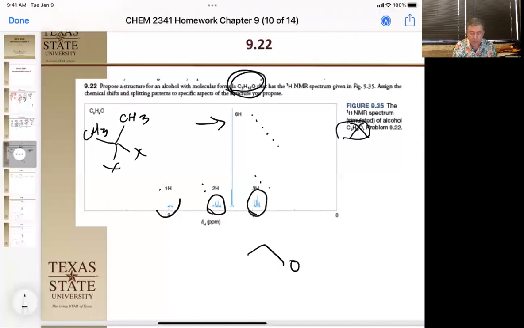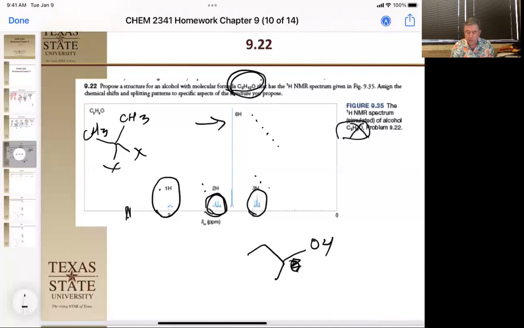We have an OH group because this is all by itself and it doesn't split and it's broad. Okay, so we have that. We have this fragment here. So it's next to an oxygen. Ooh, it's not actually on an oxygen because it's not over here next to 3. So that means it has to be 1 away from an oxygen maybe. So maybe like that.